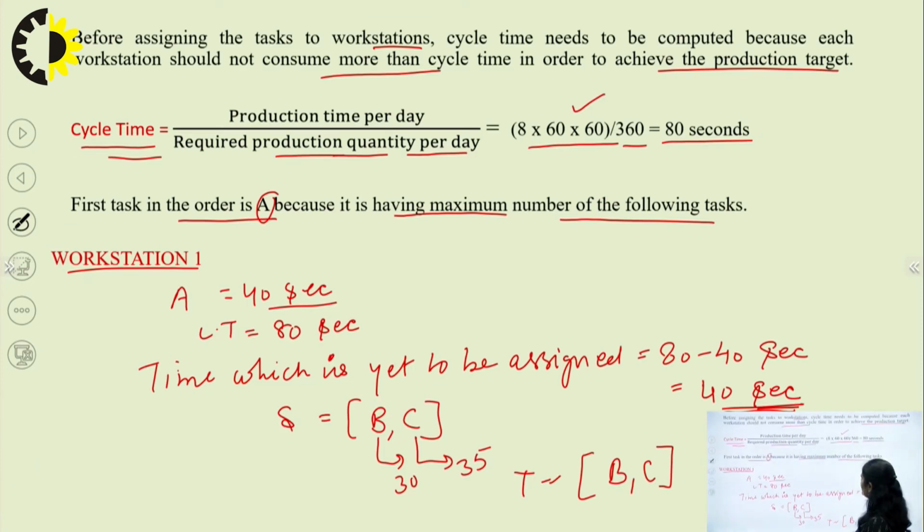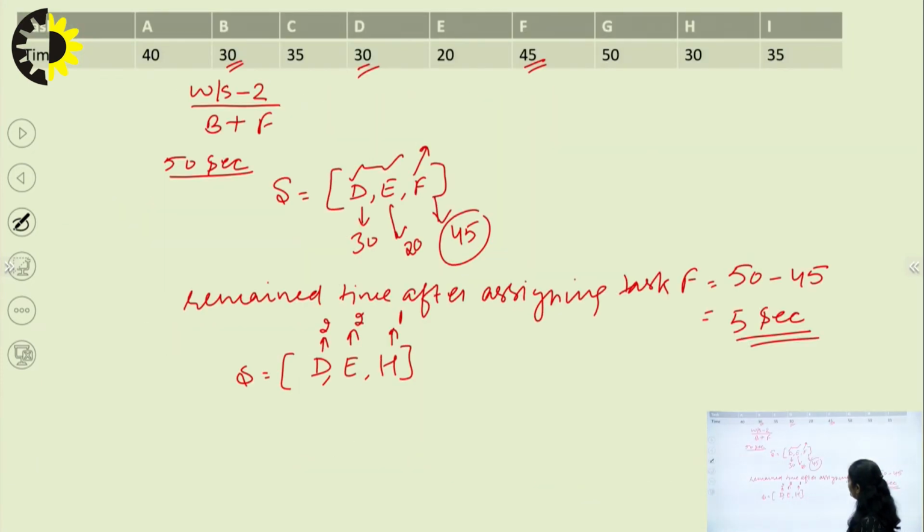So, what we will do? Now, we will randomly take any task which we will assign. For example, if we are assigning task D, for D the time is 30 and for E the time is 20. But we will prefer to assign the task which has the largest or higher task completion time.